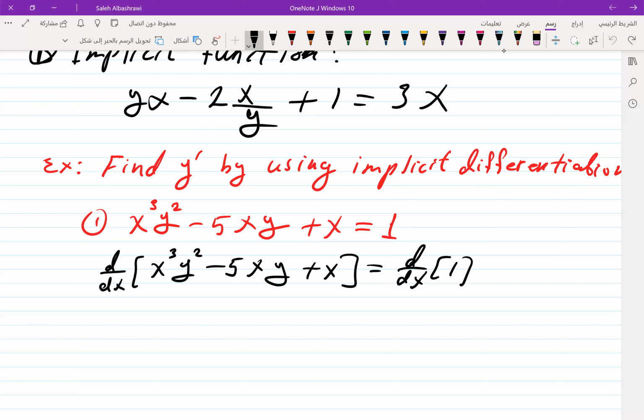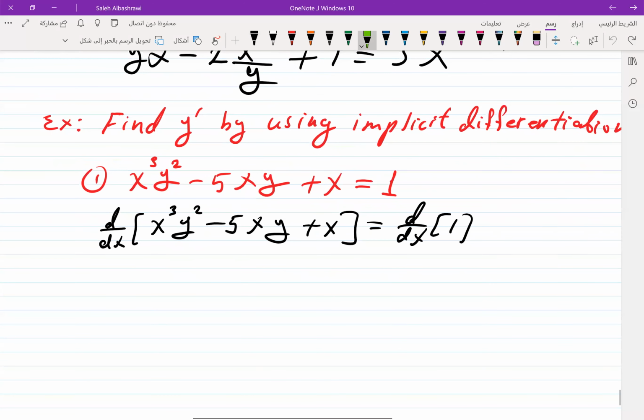Now for the first term, I have x to the power 3, y to the power 2. This term is a product, a multiplication of two functions, x to the power 3 and y to the power 2. To find the derivative of this one, I'm going to use the product rule.